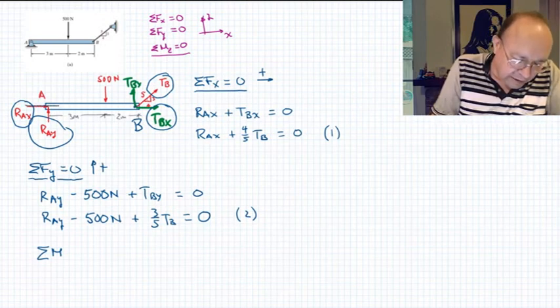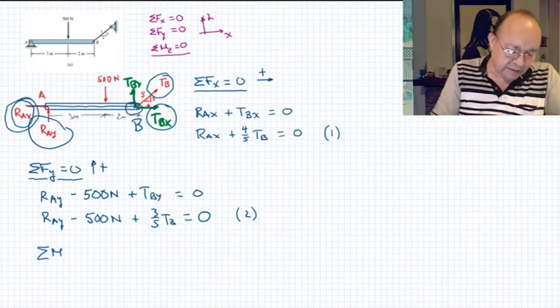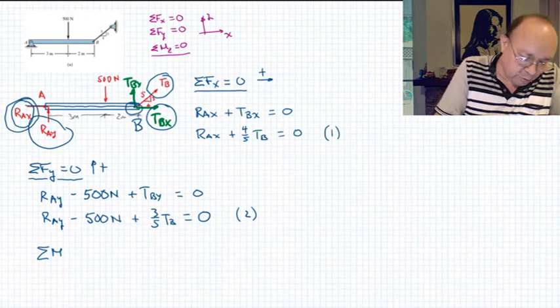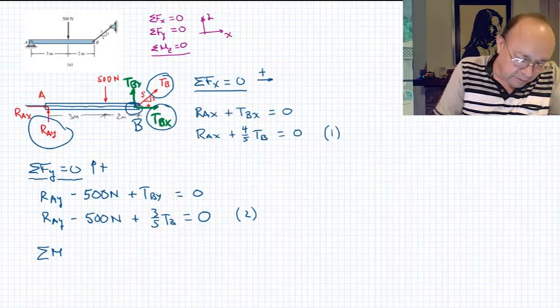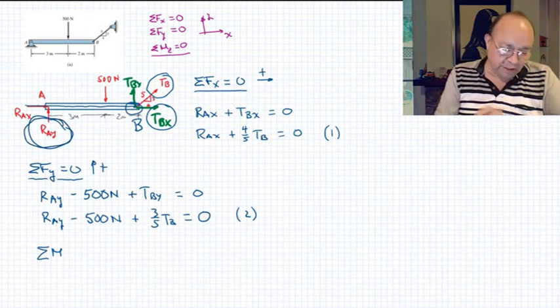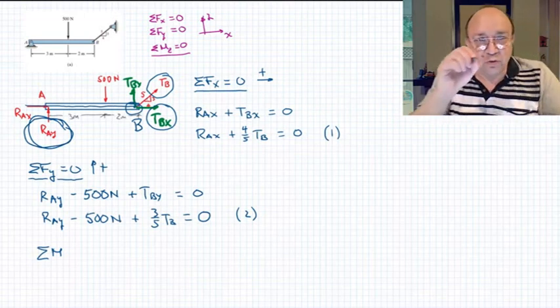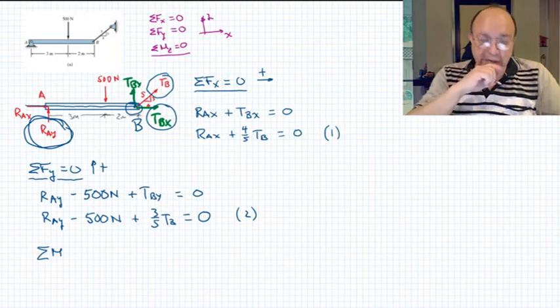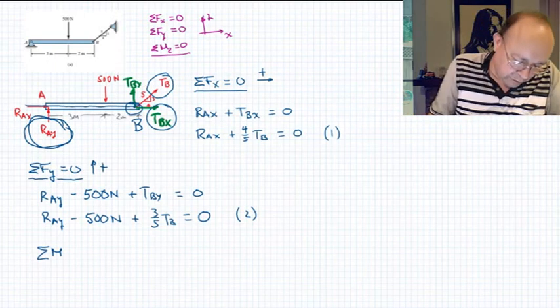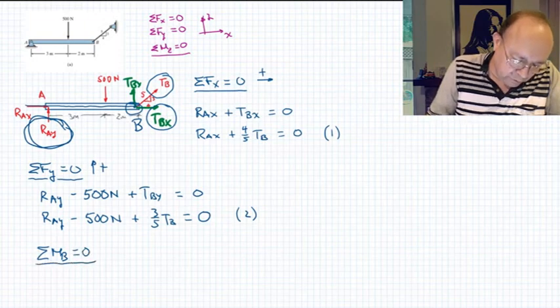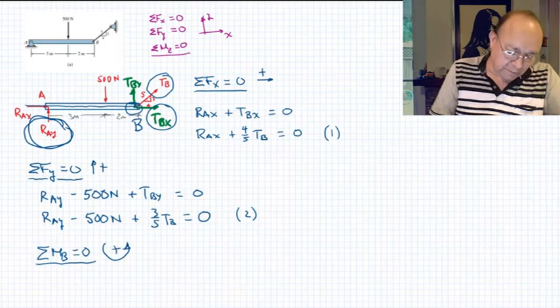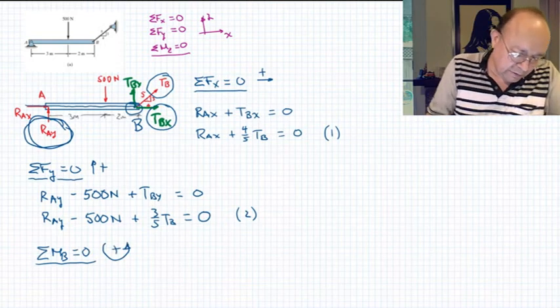This force RAX goes through point B, so RAX doesn't produce any moment with respect to point B. So the only unknown that produces moment with respect to point B is RAY. In that case, that equation is going to allow us to solve for RAY directly. So I'm going to choose summation of moments around point B equals 0, and I'm going to say positive counterclockwise.